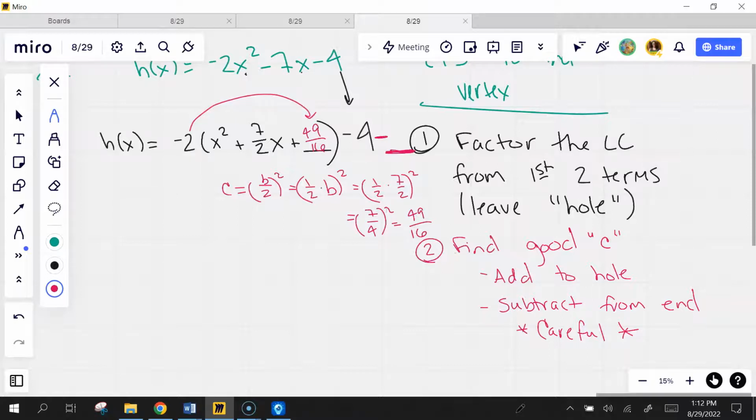How much did I add? You're making it too hard. 49 over 16 times negative 2 is just negative 49 over 8.